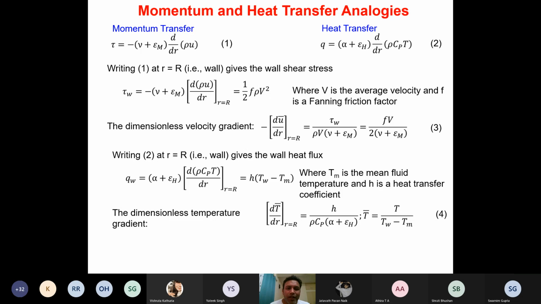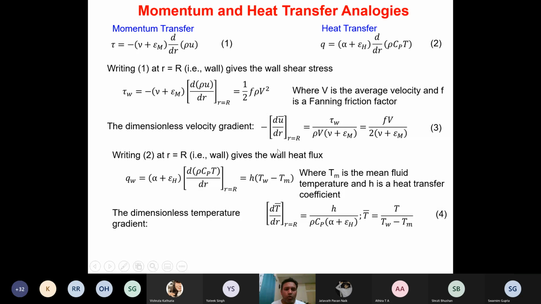Again, this particular equation we can rearrange and find out the dimensionless velocity gradient, where u bar is u by v, the dimensionless velocity, and the gradient is across the radius. So that is d u bar by dr, where u bar is u by v.